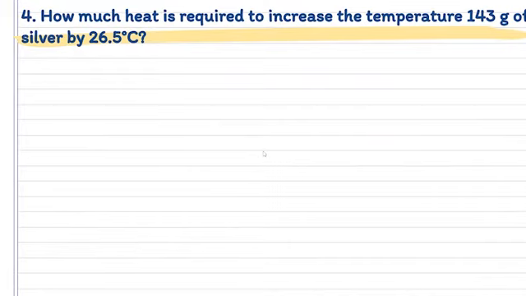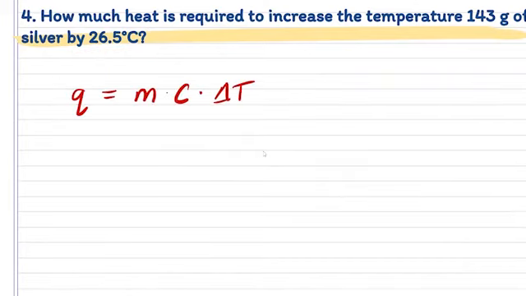4 asks how much heat is required to increase the temperature of 143 grams of silver by 26.5 degrees Celsius. So again, annotating it, we want to find heat. We want to know how much. We are given our mass, 143 grams of silver, but instead of being told initial and final temperature, we are just told the change in that temperature.